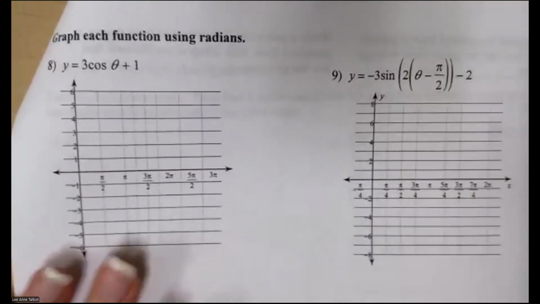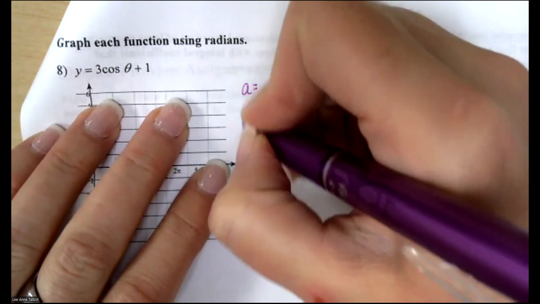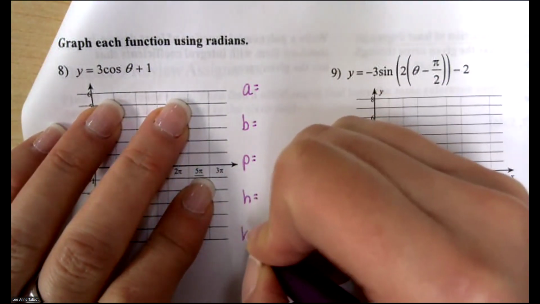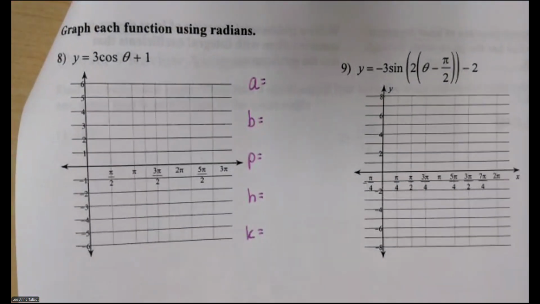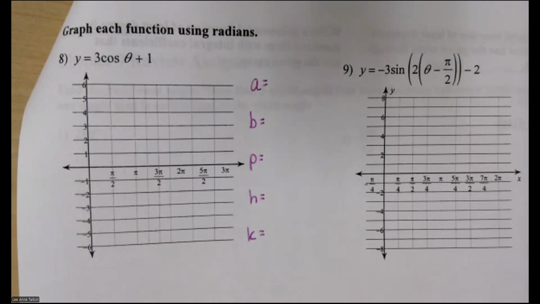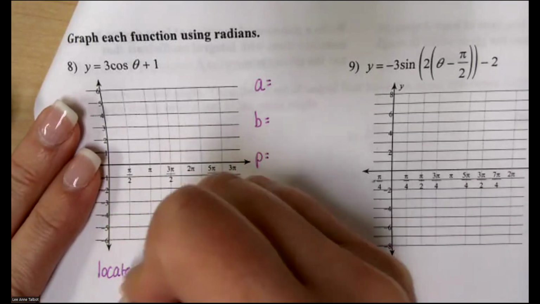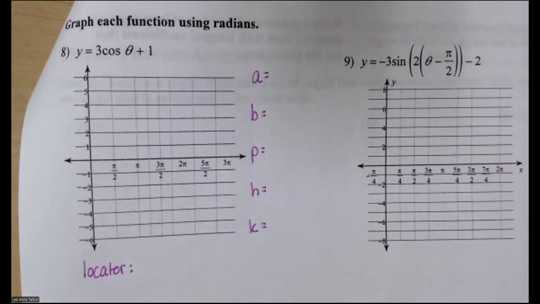Graph each function using radians. I like to start with a equals, b equals, p equals, h equals, k equals off the side. And down here, find the locator.